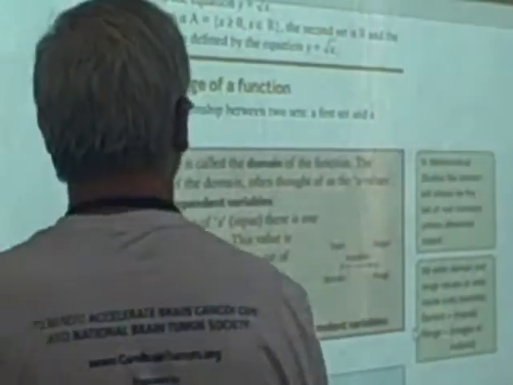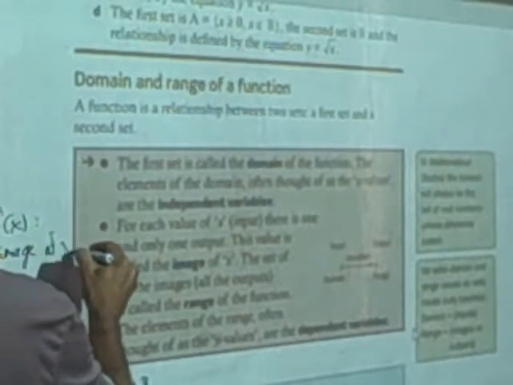And they use this other language here, the image. So another thing to keep track of with regard to functional notation is that f of x is the image of x under function f. Okay? We have a function. It maps x's to y's.